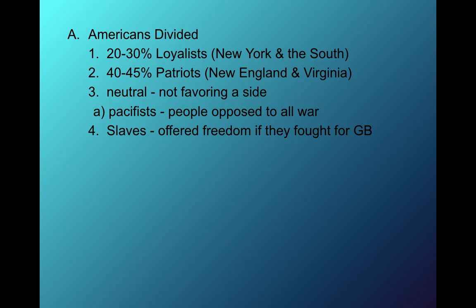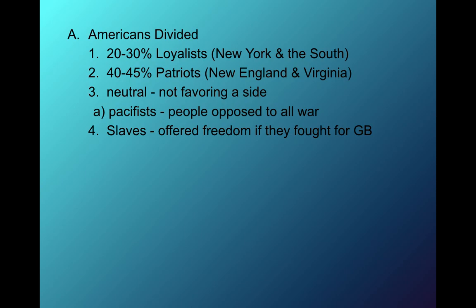So if 20% are loyalists, if there are 20 people in the classroom, that'd be 4 of you would be loyal to the king still, regardless of the taxes and the ill punishment and the lack of personal freedoms and liberties. If we're talking about 30%, that's at least 5 of you that would be loyal to the king.